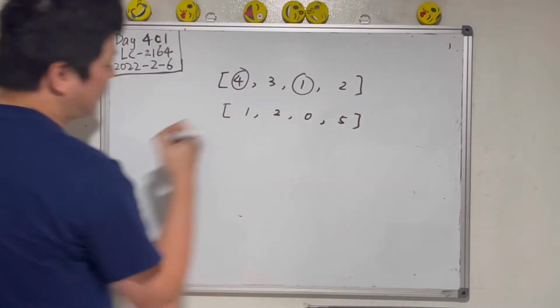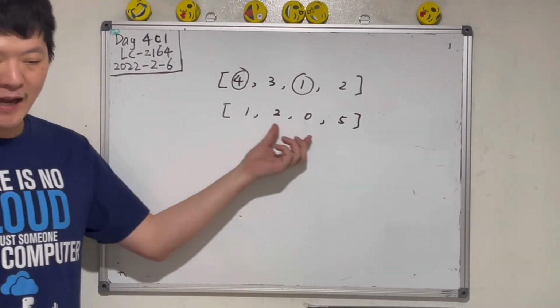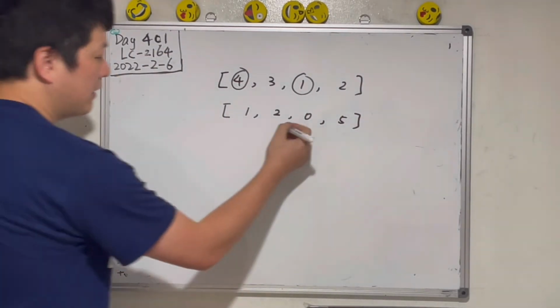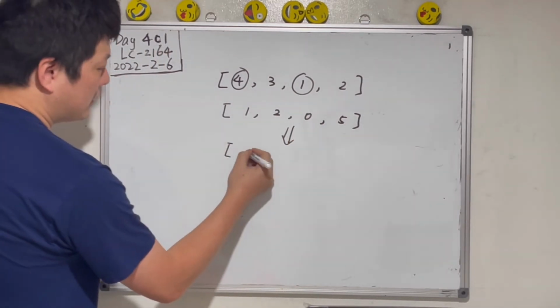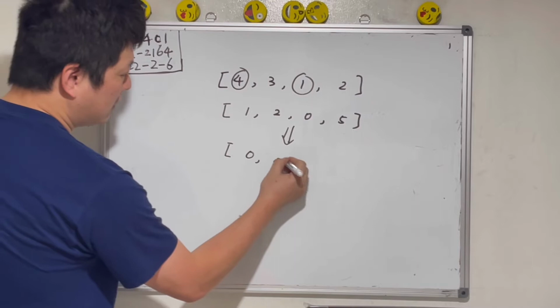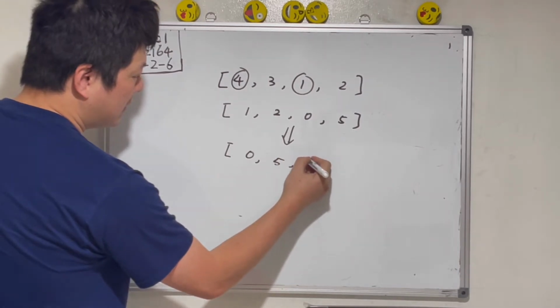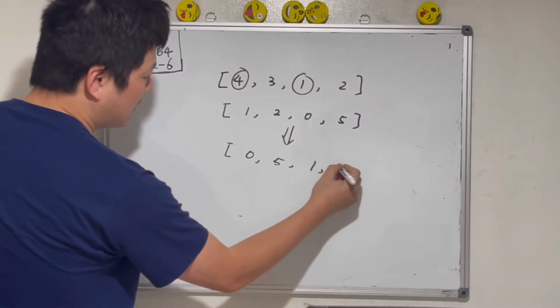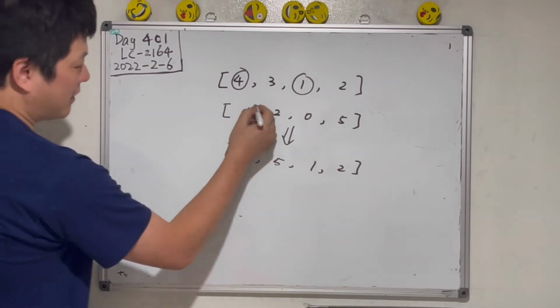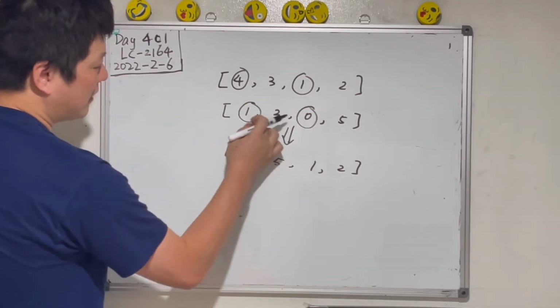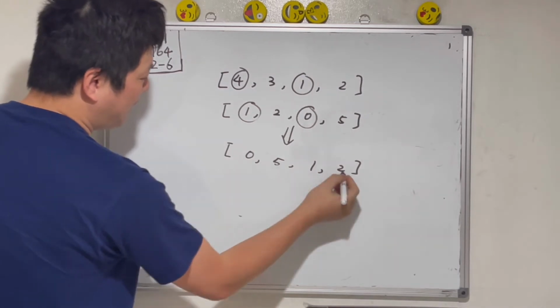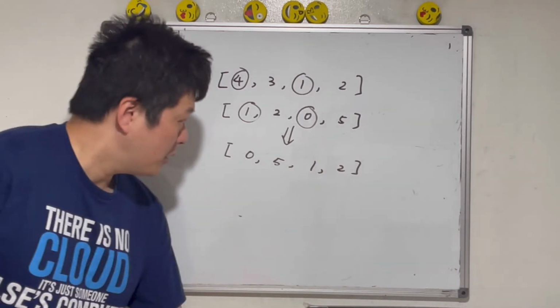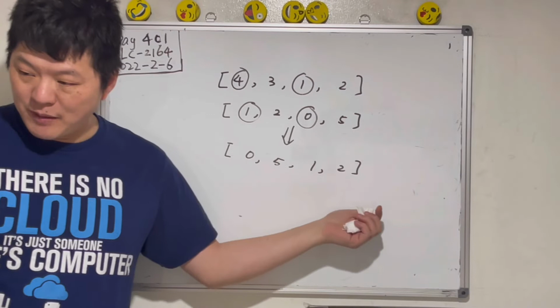It's going to be 0, 1, 0, 5, and 1, 2. Look, these two numbers increasing, so 0, 1. These two numbers decreasing, 5, 2. Makes sense, yeah?